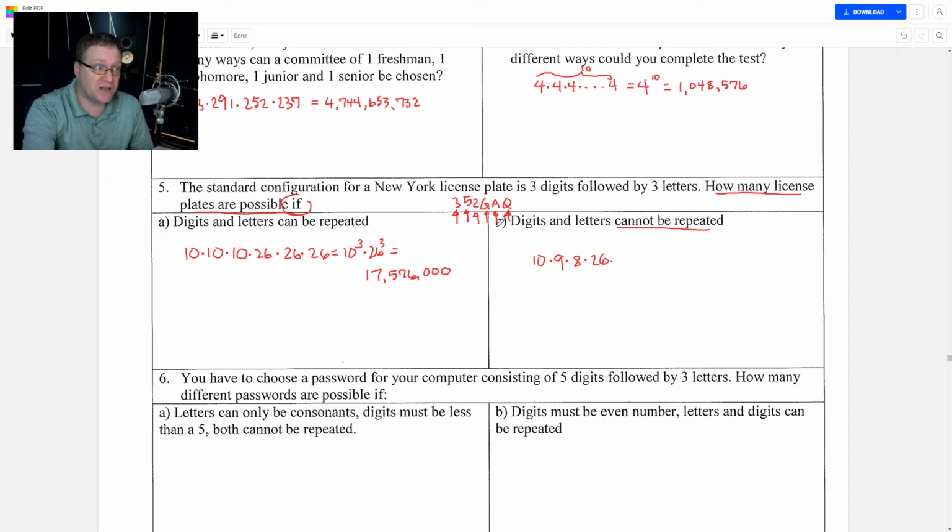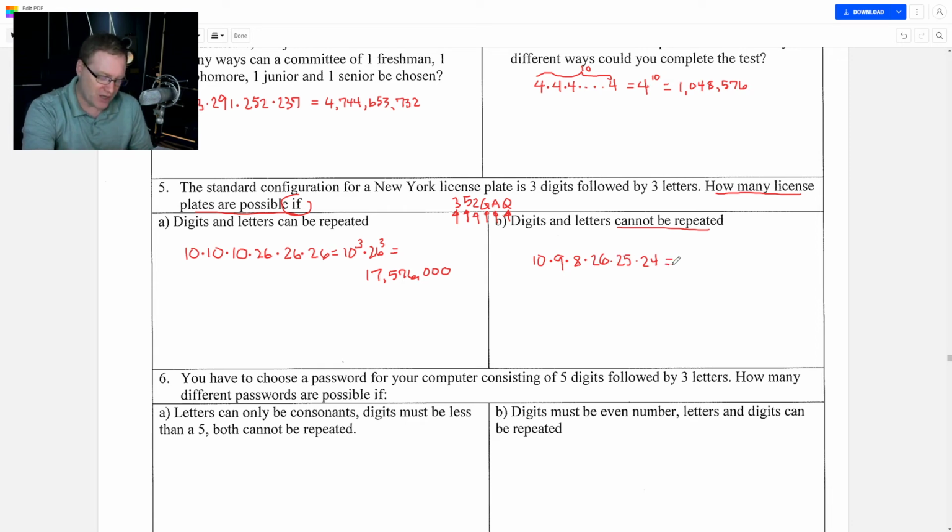And then we go to the next one, but we cannot repeat the letter, so there are only 25 letters left to use. All right. And then again for the last one, we've already used 2 letters, so there's only 24 letters that are left to use. So then we need to calculate 10 times 9 times 8 times 26 times 25 times 24.